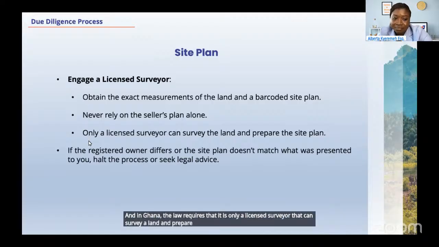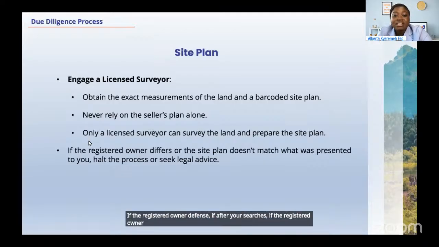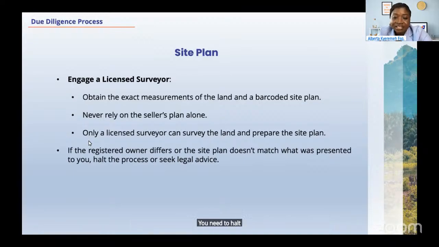If after your searches the registered owner differs, or the site plan doesn't match what was presented to you, then at that stage, you need to halt your process and seek advice. A site plan is presented to you.